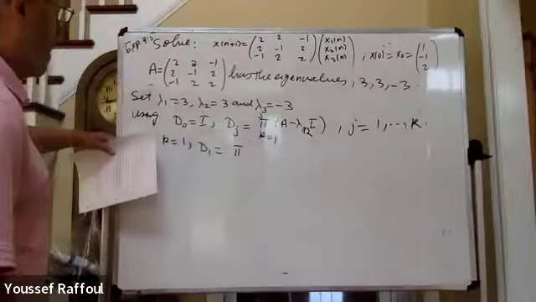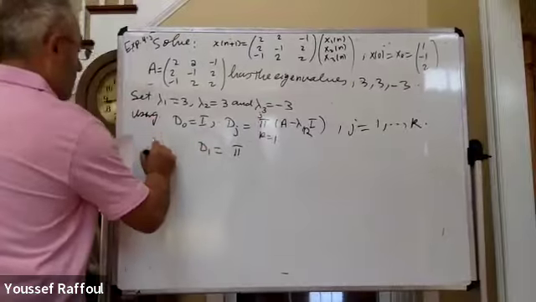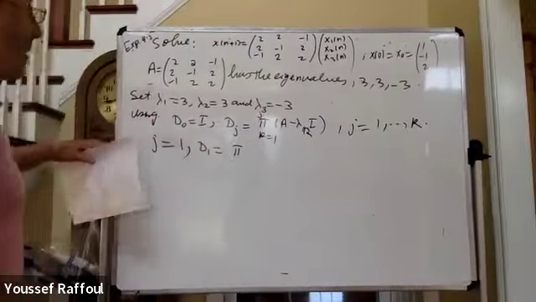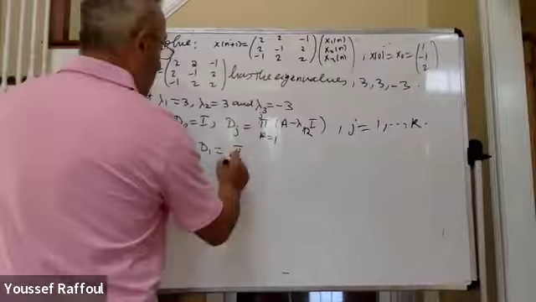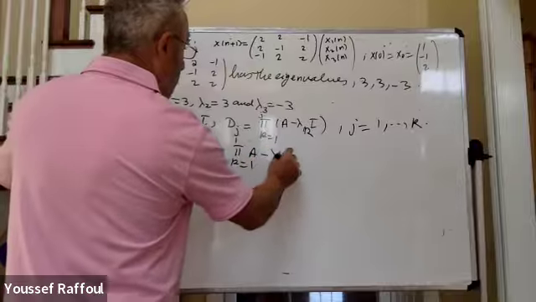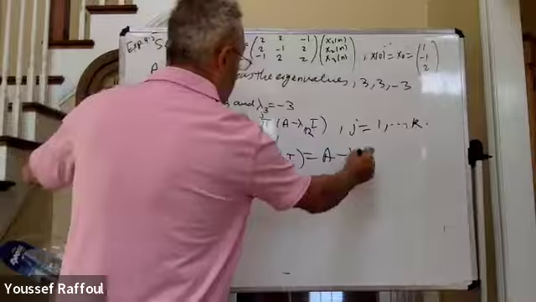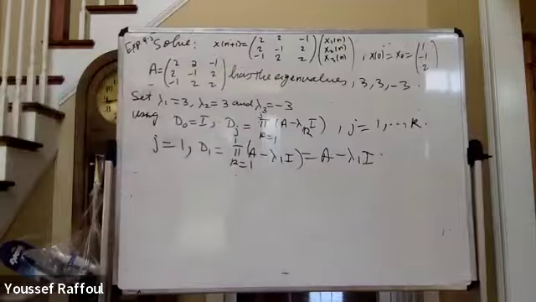So for j equal 1, D1 is k equal 1 to 1, A minus lambda 1 I, that is A minus lambda 1 I. Okay?